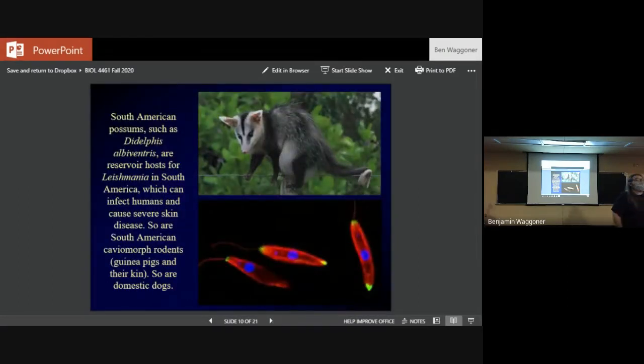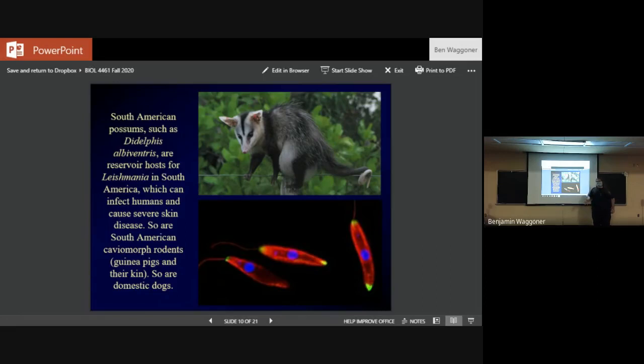That's bacteria. If you want a protist example, down here on the bottom, these red things are single-cell protists in the genus Leishmania. They are not an enormous problem in the US, but in many parts of the world, Leishmania causes severe human disease.